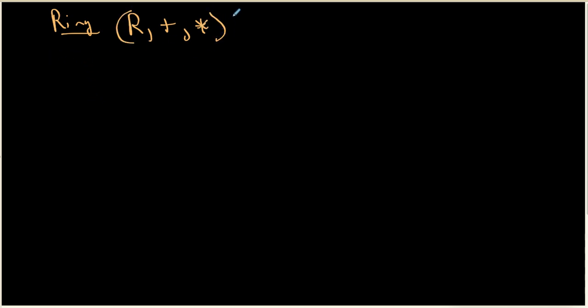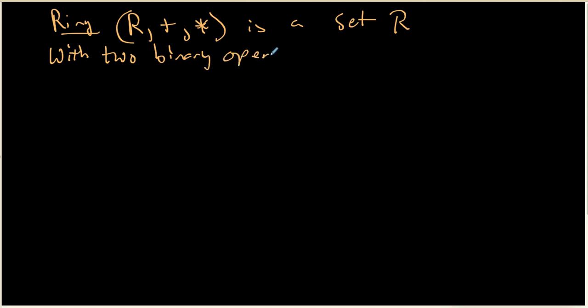So a ring is a set R that happens to have two binary operations, and the two binary operations are referred to as plus and times. This one is usually called addition, and this one is multiplication.